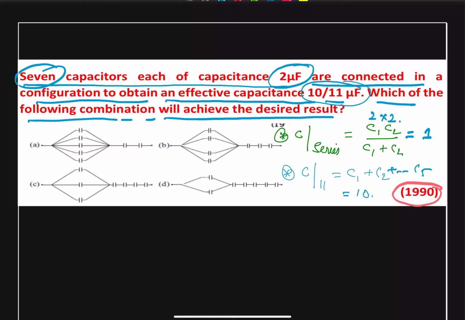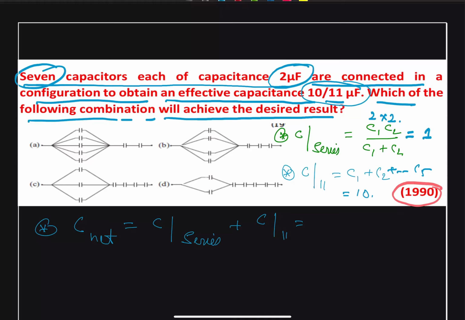So it means our net equivalent capacitance will be equal to the net equivalent capacitance because of series plus net equivalent capacitance because of the parallel.